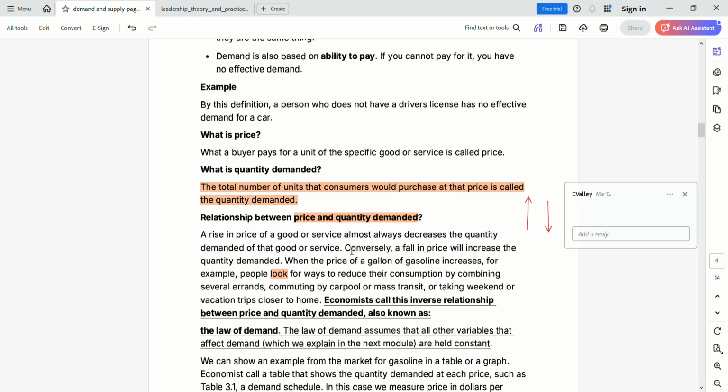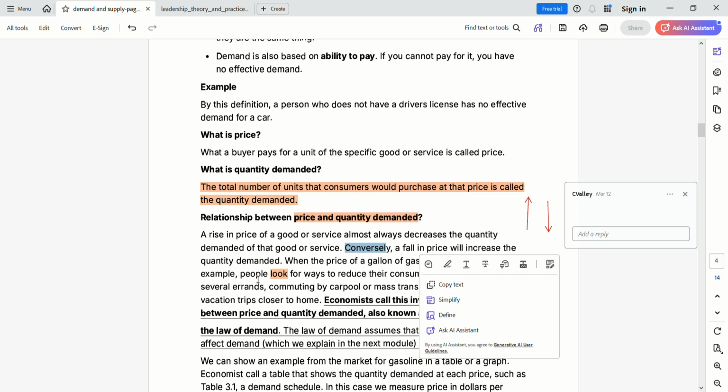Conversely, in other words, a fall in the price will increase the quantity demanded.